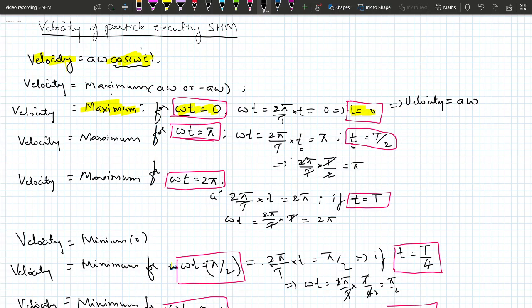Next, omega t is equal to pi. This is the second condition. Whenever omega t is equal to pi, t is equal to T by 2. When omega t is pi, cos pi is minus 1, therefore you get the velocity.